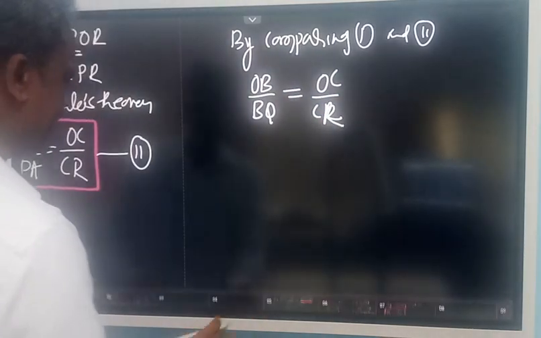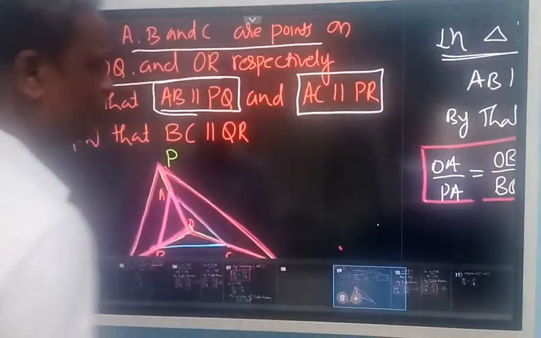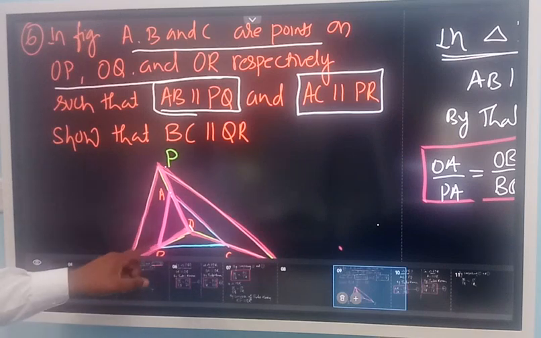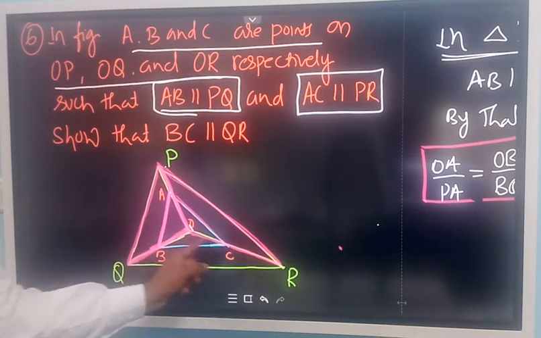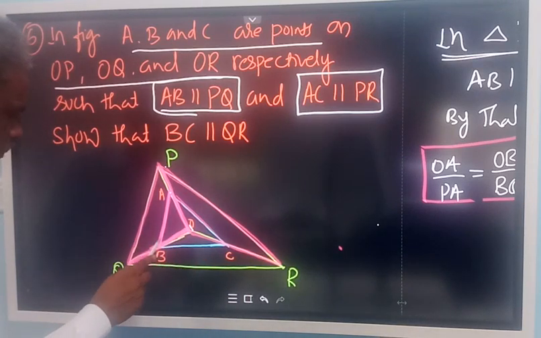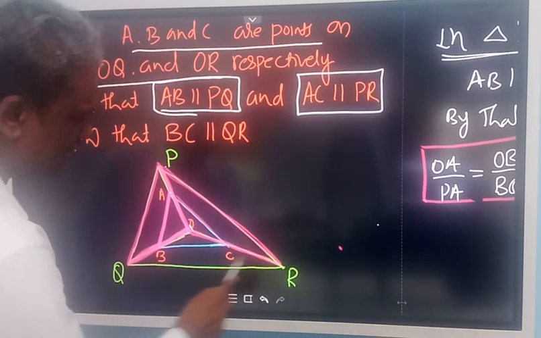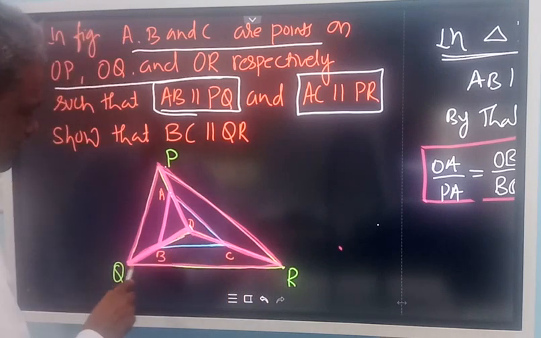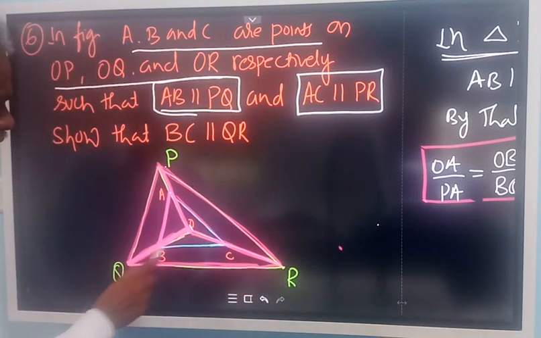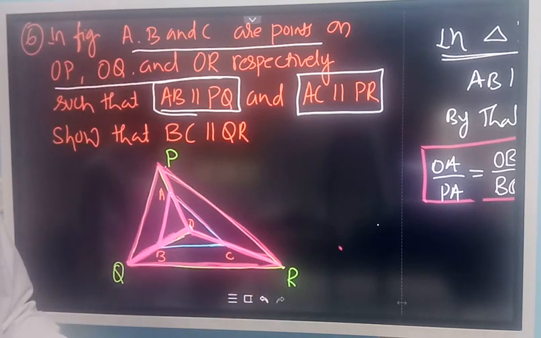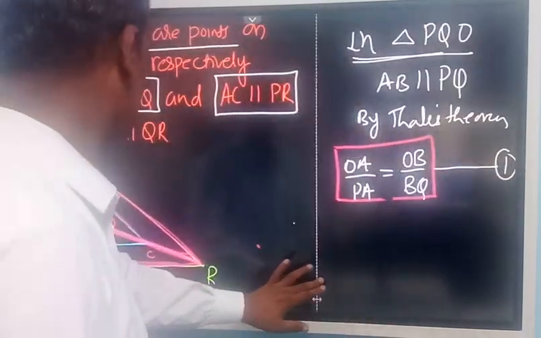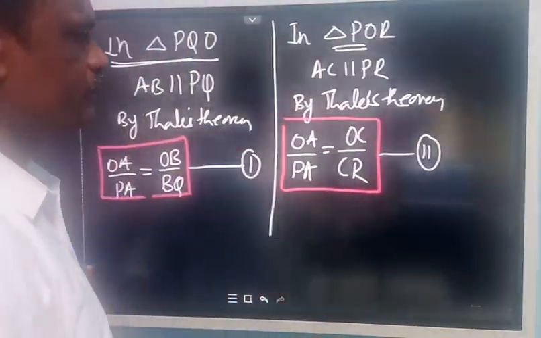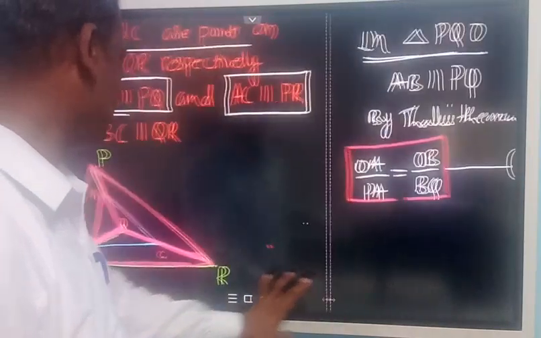Now again look at the diagram. We have proved that OB by BQ is equal to OC by CR. In this triangle, what can you conclude?